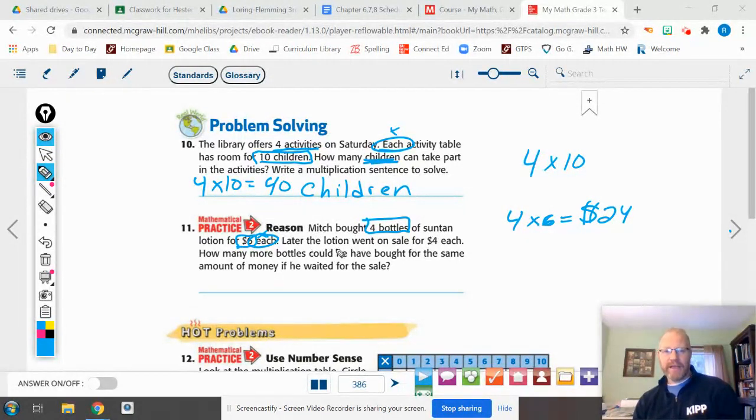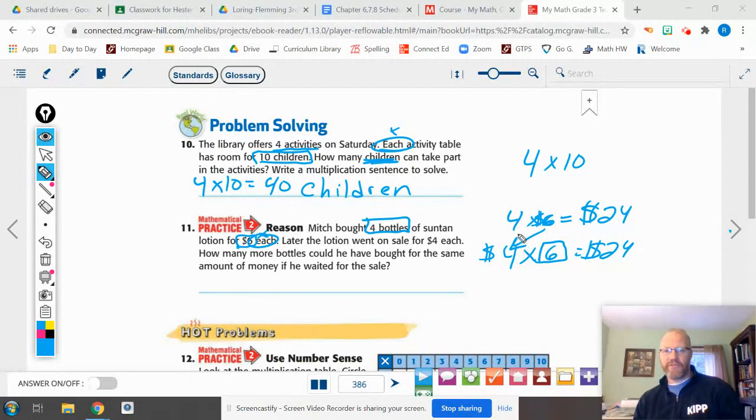Now it's saying later the lotion went on sale for $4 each. If the lotion's $4 each, how many bottles could he buy? So they're saying $4 times how many bottles equals $24. So we already know that 4 times 6 equals 24. So what we did was instead of $6, we have $4.